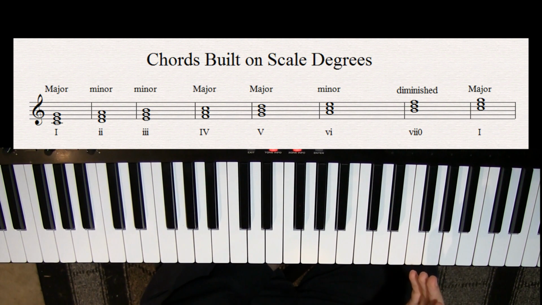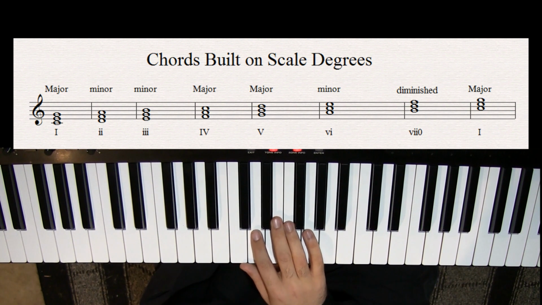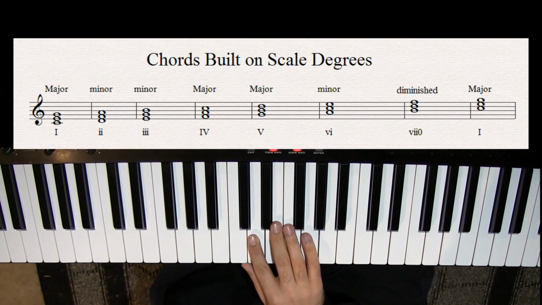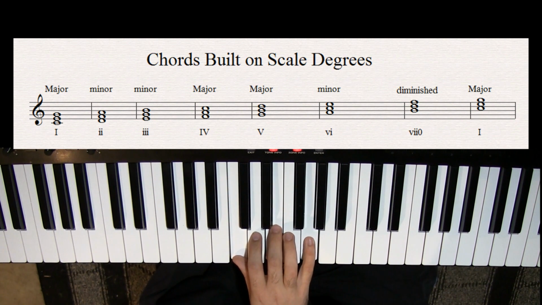So let's take a look here. We have our first chord. Do you remember, well, I guess I can't ask you, but hopefully you remember the major chord and what makes up a major chord. Remember that almost every chord, unless it's a 7th chord, but for right now, almost every chord has a first, a third, which is that middle note, and a fifth, which is the last note.